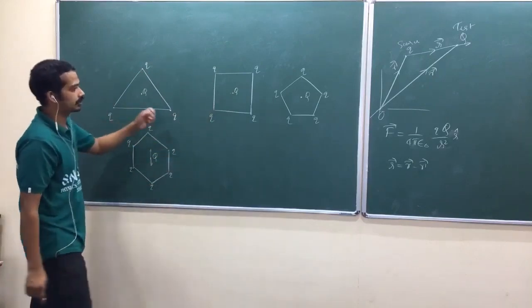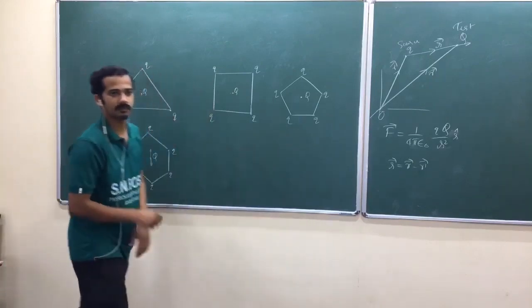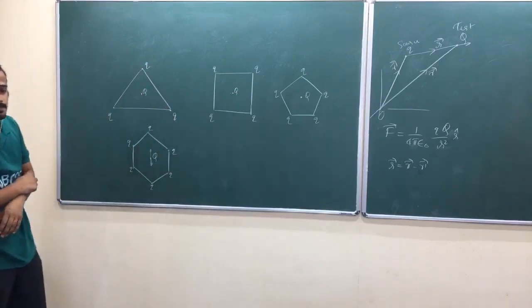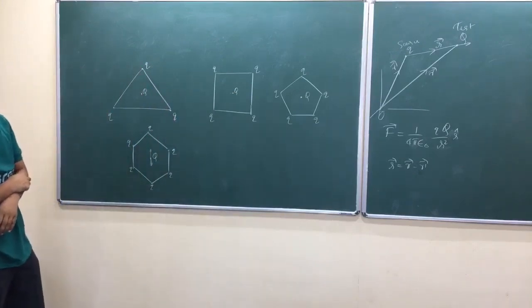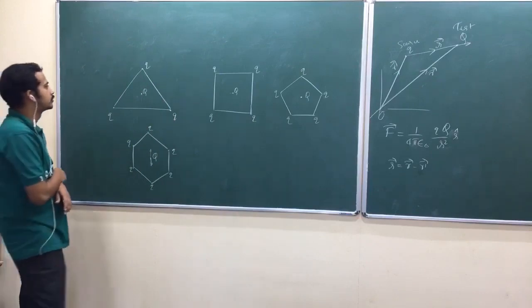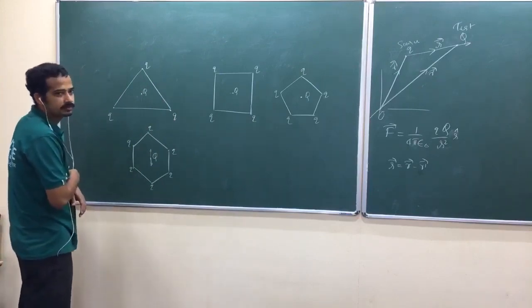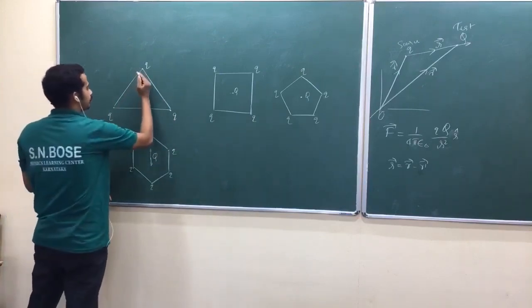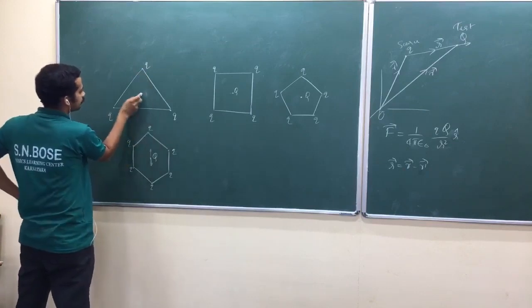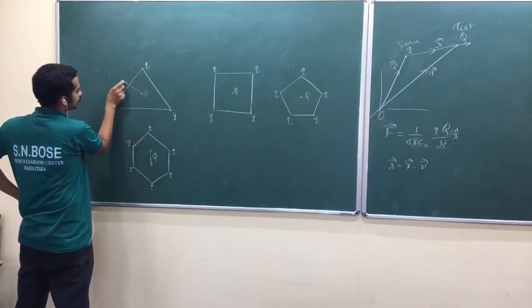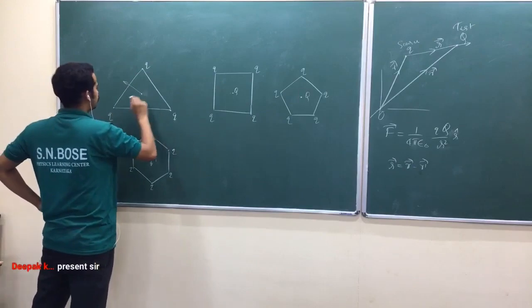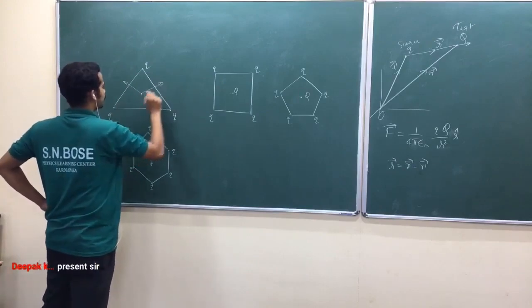Now what about this one and this one? One charge will? Be careful. Be careful. Now look at here, due to this one, what is the force in this direction? Due to this one, what is the force in this direction?